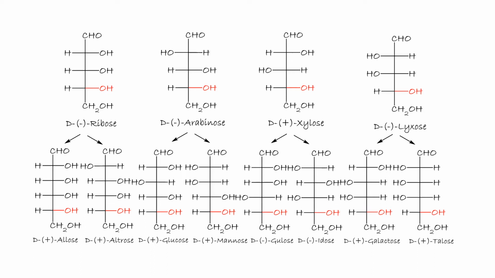Let's go one more time. Take the ribose, you increase one here, right or left, and we get allose and altrose. When we have here arabinose, the pentose, increase one more, OH this way, OH that way, we get glucose and mannose.